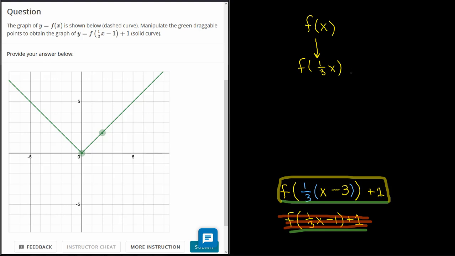Okay, so let's see. What is that going to do graphically? What happens when you replace x by 1/3 x? If you think back to your graph transformations, that's going to be a horizontal stretch by a factor of 3.